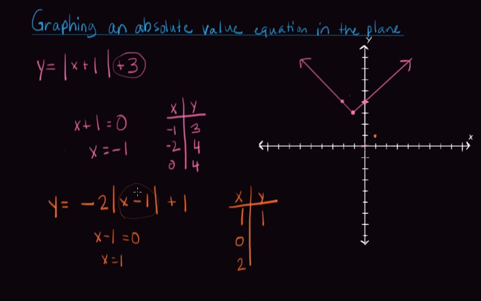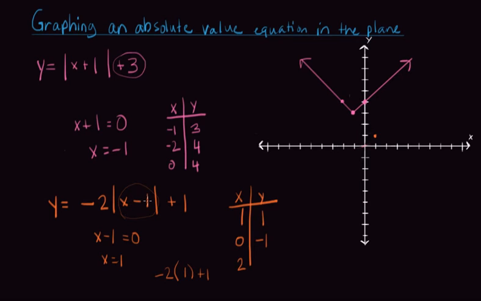So if I put in 0, I have 0 minus 1 is negative 1. The absolute value of negative 1 is positive 1. So we're taking negative 2 times that absolute value of negative 1, which is positive 1, plus 1. So negative 2 times 1 is negative 2, plus 1 is negative 1. Now we're going to put in 2.